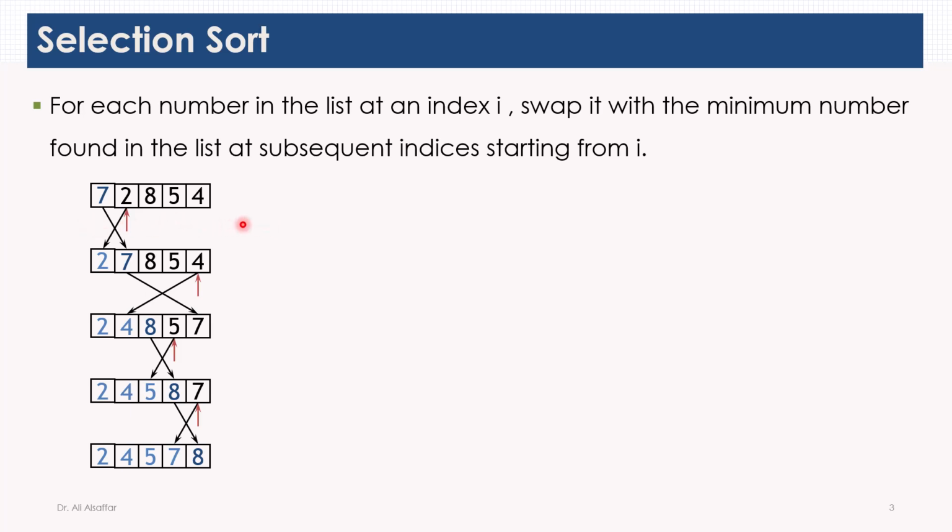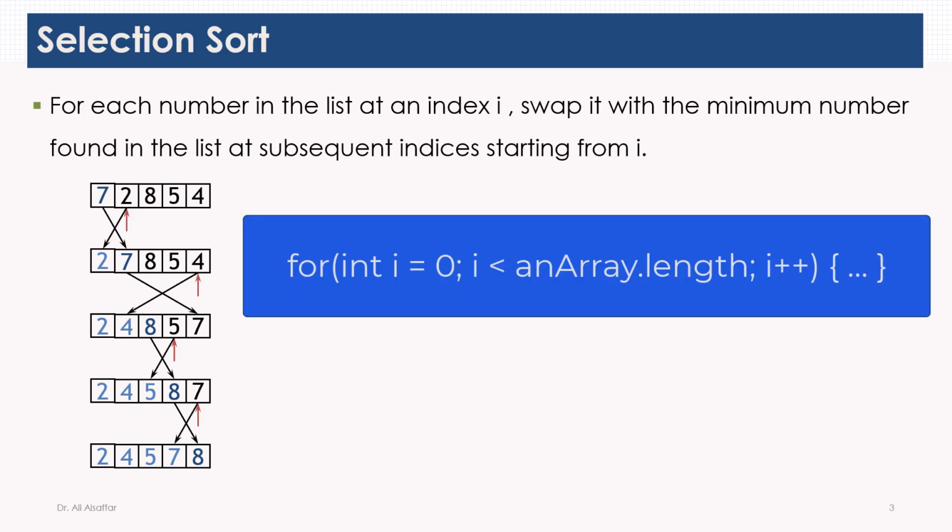So for this array, the loop will go from 0, 1, 2 up to 3, not up to 4. Remember that for loops, if we want to process an array, usually if the index variable we are using is I, we write for integer I equals 0, I less than the name of the array dot length. This will process all the elements in the array until the last index.